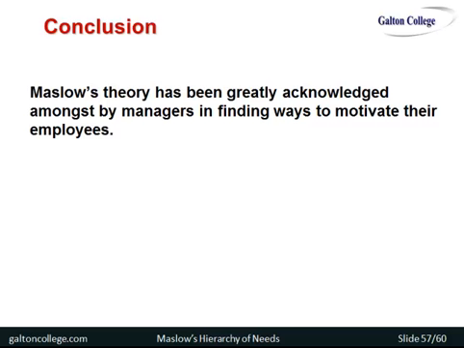Maslow's theory has been greatly acknowledged amongst many managers in finding ways to motivate their employees. Having said that, it's a very simple, straightforward model. We can see it in terms of our 5 steps, and movement to the next level means the completion of the previous level, and so on. So it's a very straightforward model to understand, and clearly the issues addressed can be recognized within the working environment.